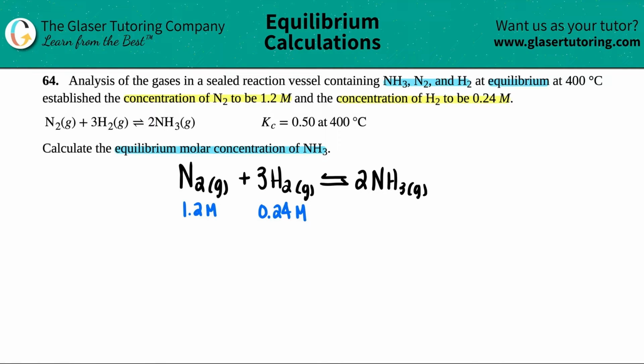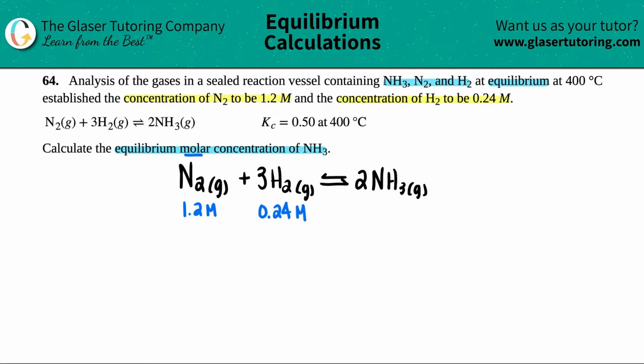Now, I just want to point out a common mistake here. Some students may be tempted, since there's a 3 in front of the H2, to multiply this number by 3. But they're saying that this was the total concentration. If you multiply this by 3, you change the total concentration. So whatever numbers they give you, just write them down, all right? Don't change them. Now the question is asking for the equilibrium molar concentration of NH3.